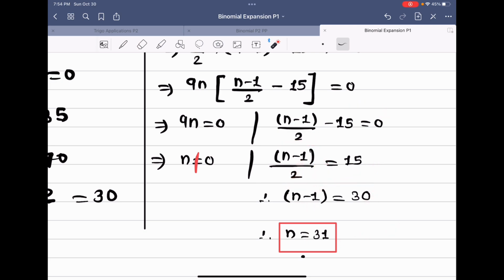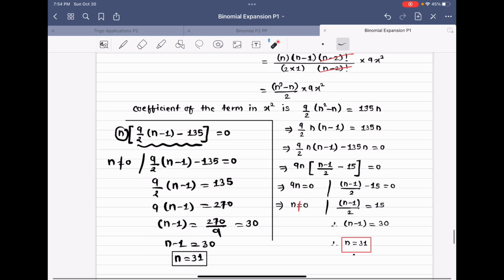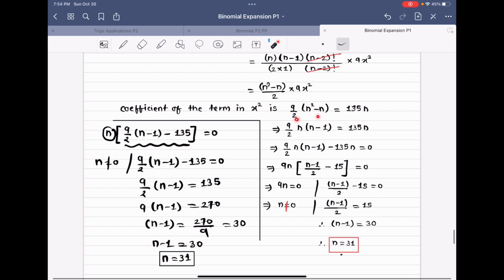This is one method. Or else you can do it here: n upon 2 times (n squared minus n) is equal to 135n. I'm taking only n common from this one. So if I take n common, n times 9 by 2 times (n minus 1) minus 135 is equal to 0. The product of n and this bracket is equal to 0. That means n is equal to 0. n is equal to 0 is not possible. So (9n by 2)(n minus 1) minus 135 is equal to 0.